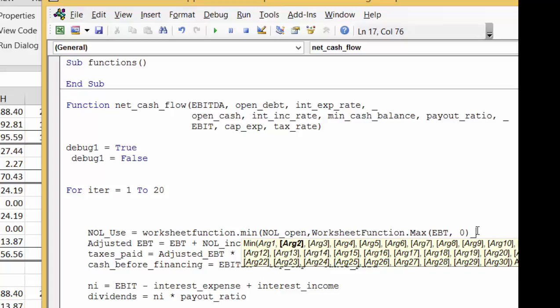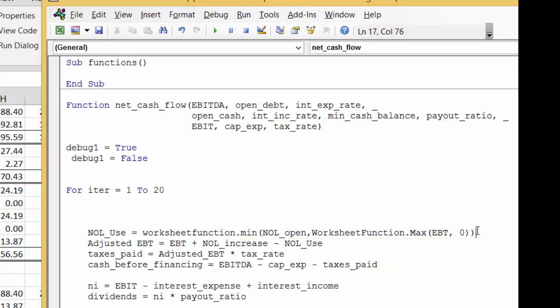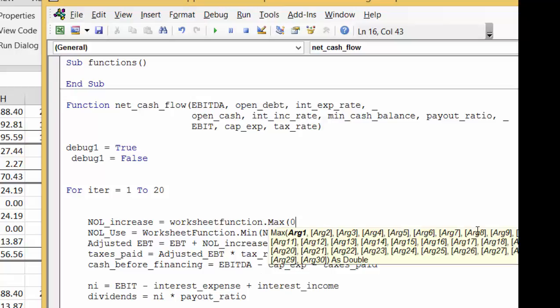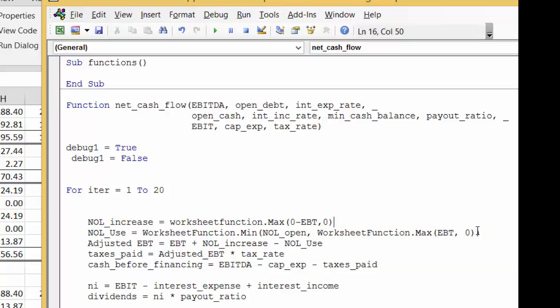So okay. NOL increase equals worksheet function. And now we'll use just the maximum of 0 minus the EBT, so it's EBT negative of it, of course, or 0.